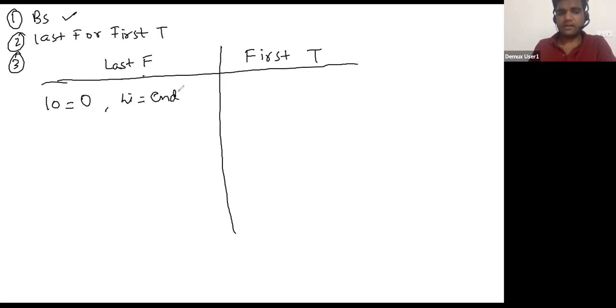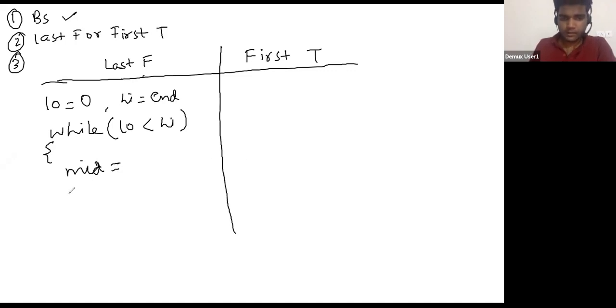My while loop will run as long as low is less than high. I will do a mid computation, but let me think about the decision making, which you will have to think through too. And then the third part is the sanity check, which we will come to.